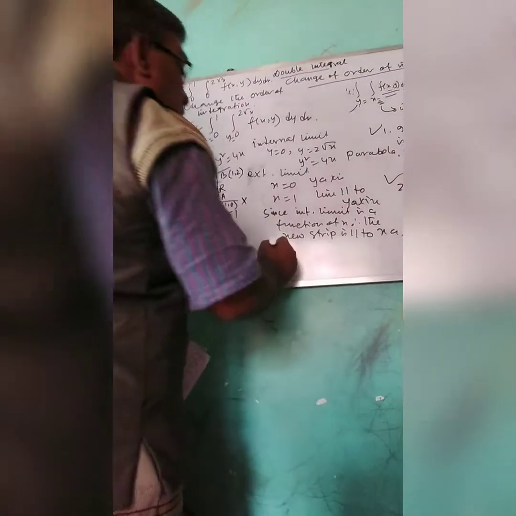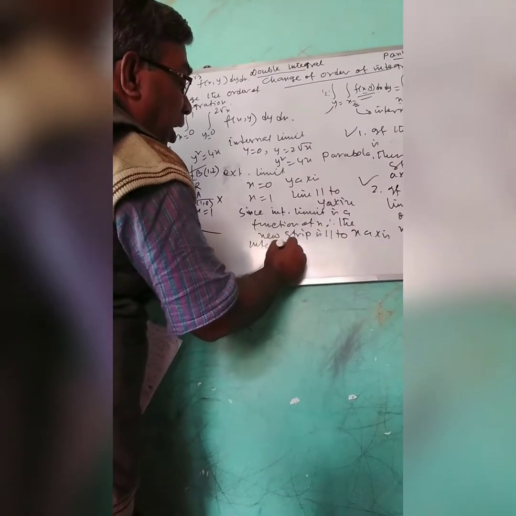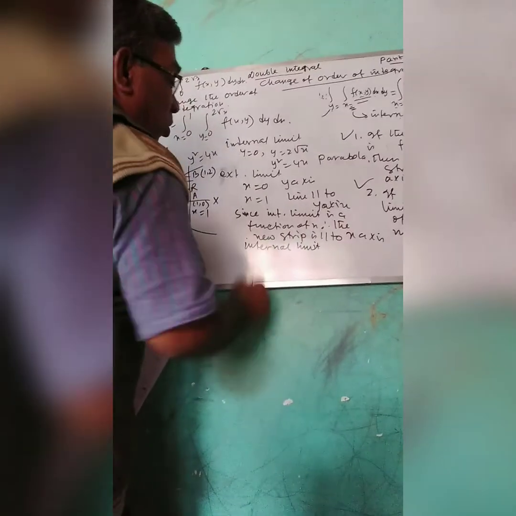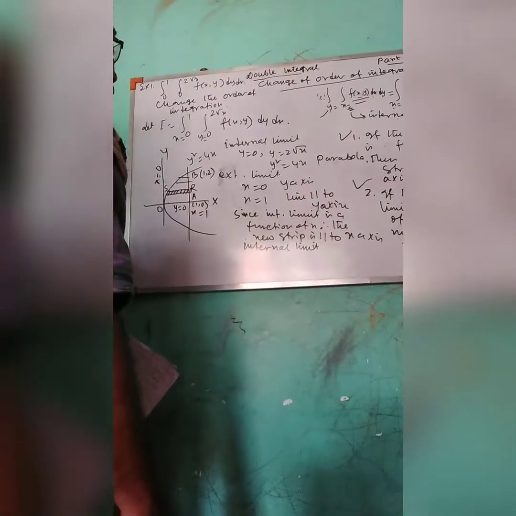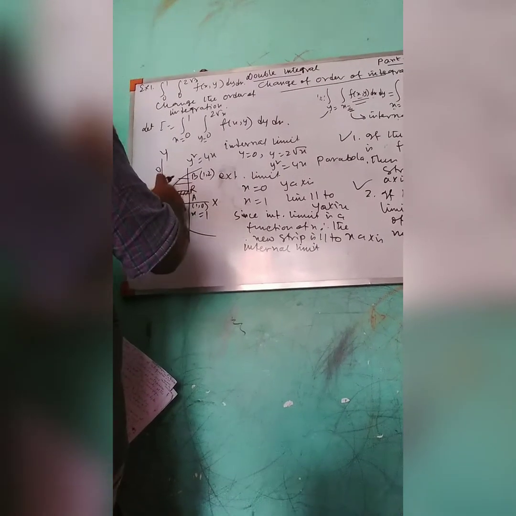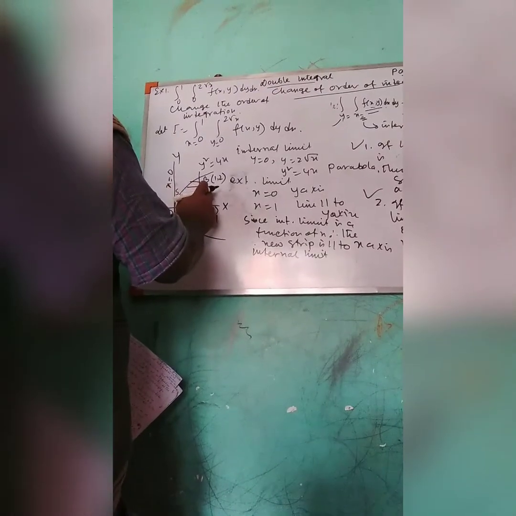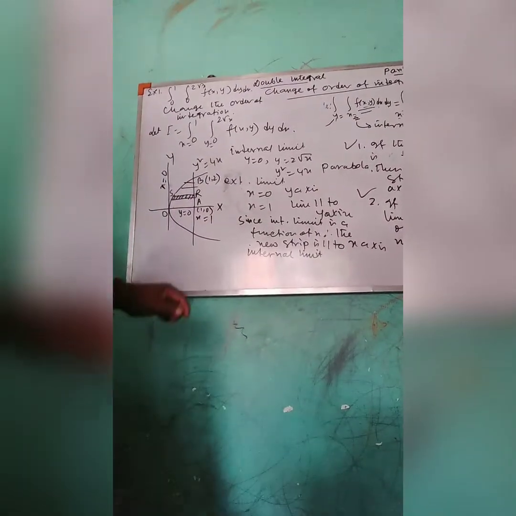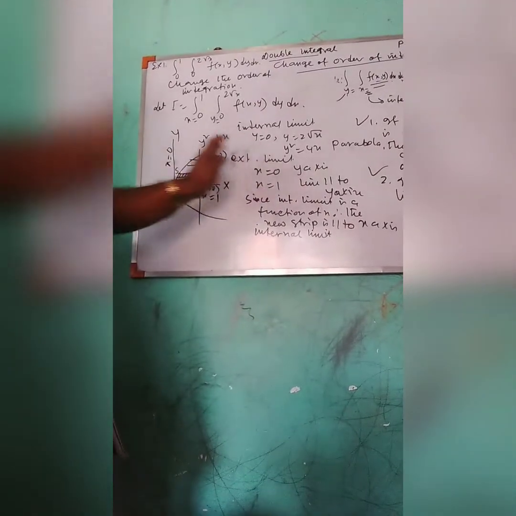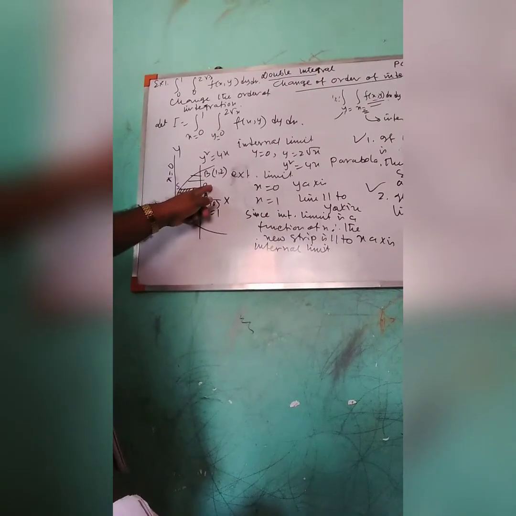So for the new strip, what is the internal limit? We get the internal limit from the new strip. It touches the parabola. This is the lower limit, this will be the upper limit. When the new strip is parallel to the x axis, go left to right: left is the lower limit, right is the upper limit.